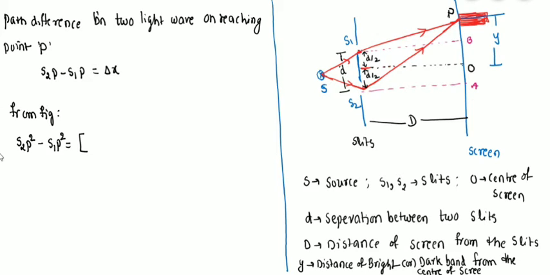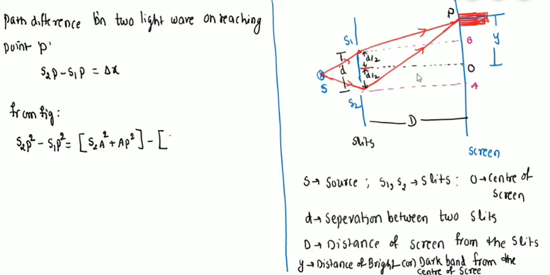Okay, we write from the figure S2A squared plus AP squared, minus, and you see one more triangle, S1P I want. You take this triangle S1PB. It is also a right-angled triangle.